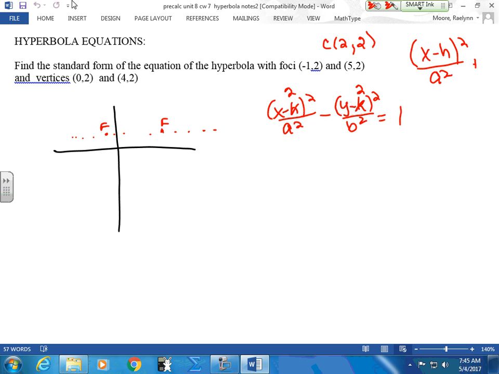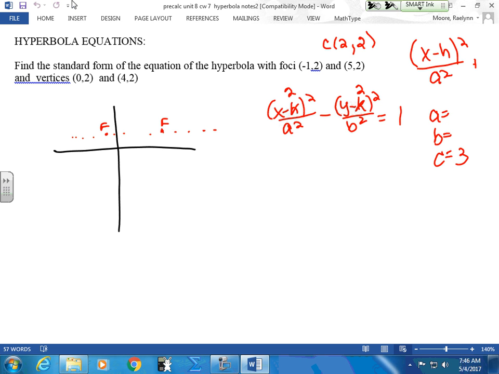Good so far? Okay, so what is C? My center is at 2, and I go to 5, so C is 3. Okay? C is the distance from my center to my foci.